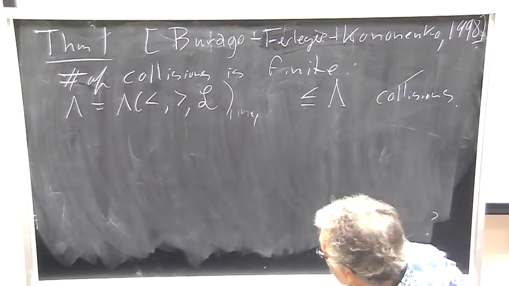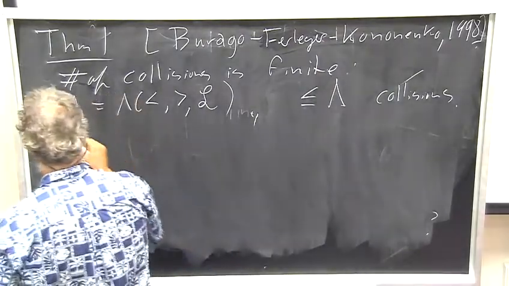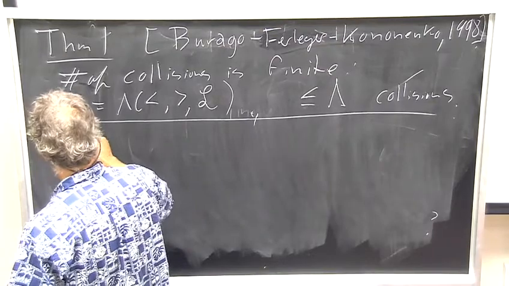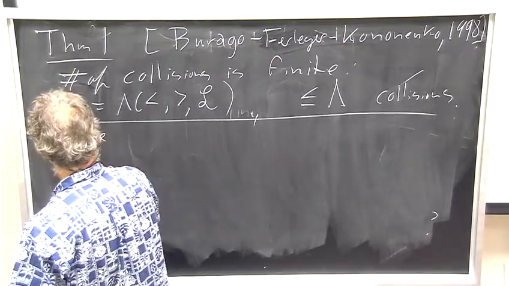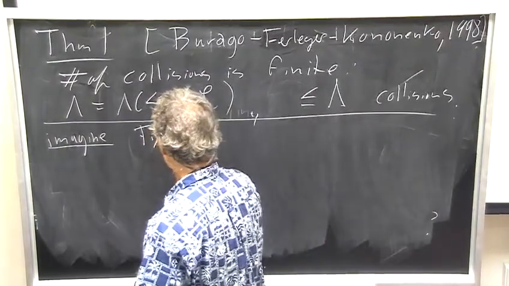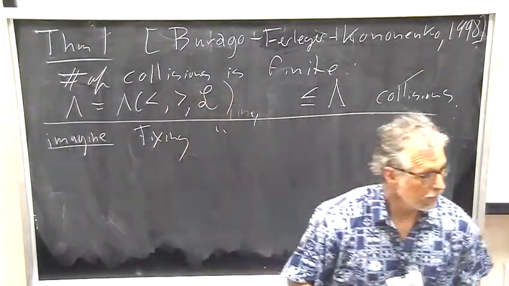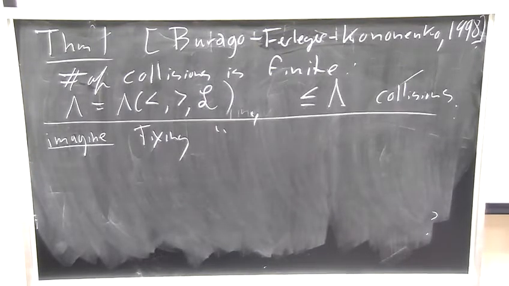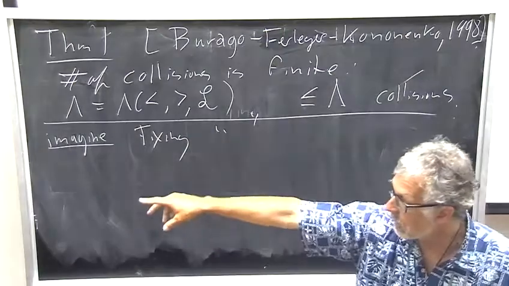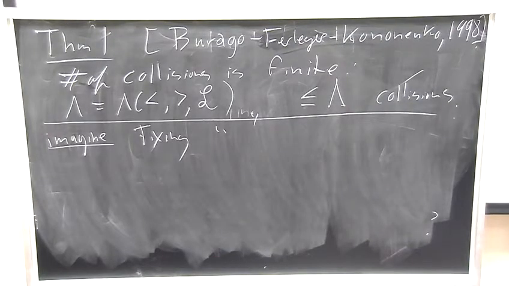Okay. So now, given that, imagine fixing this bunch of subspaces, and I have these rules, and I look at any trajectory that satisfies those rules, any polygonal path that satisfies those two rules.